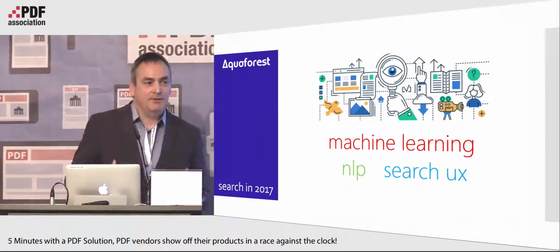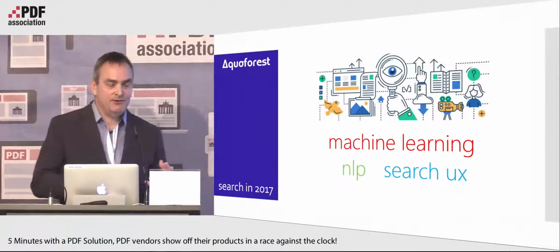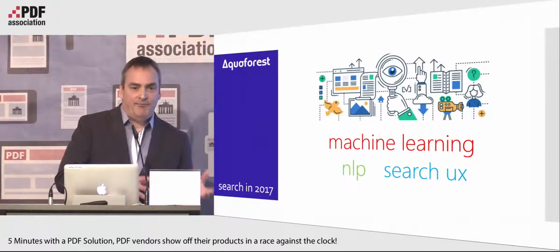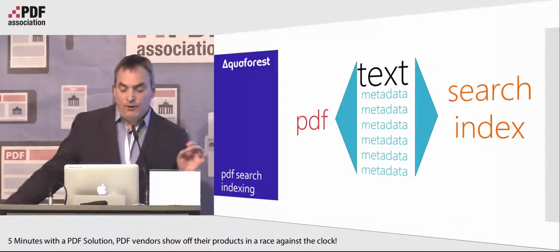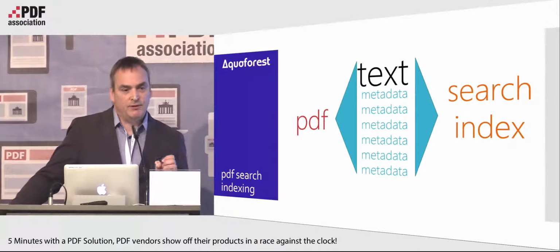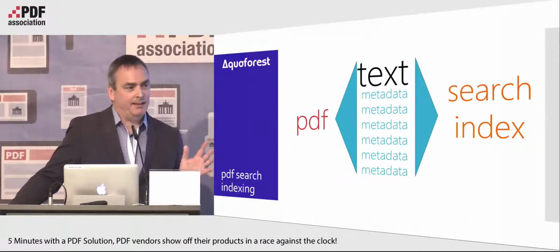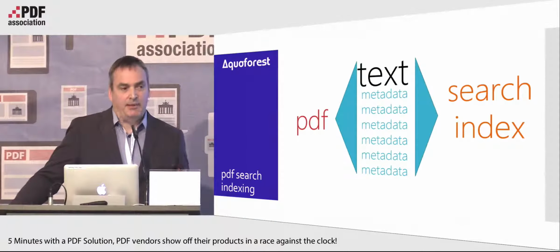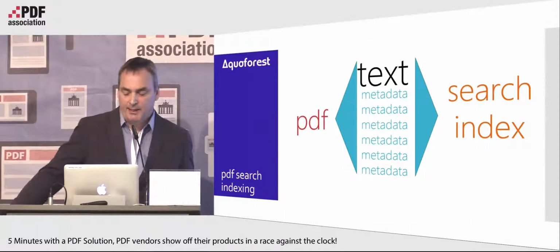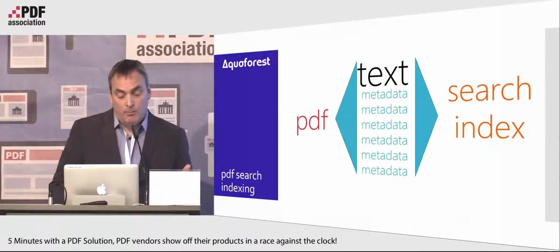I think we actually need to think about whether there is a disconnect between PDF and what the search engine actually needs. And I believe far too often there is, because what a search engine obviously needs is the text of the document, and that's one big issue in its own right, but it will need all sorts of metadata, and I don't mean purely XMP, as I will explain in a moment, we go well beyond that.